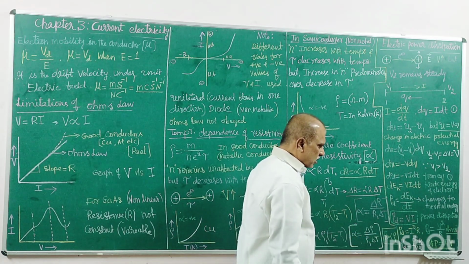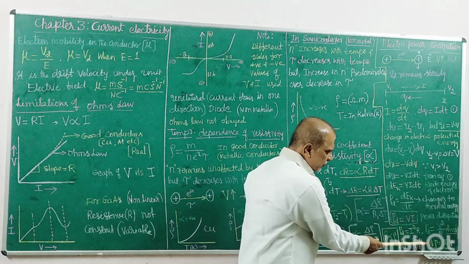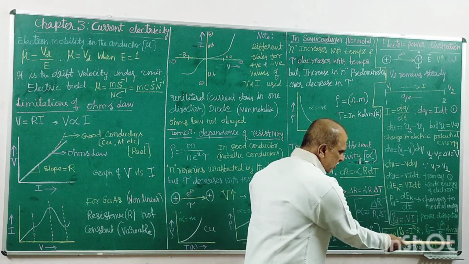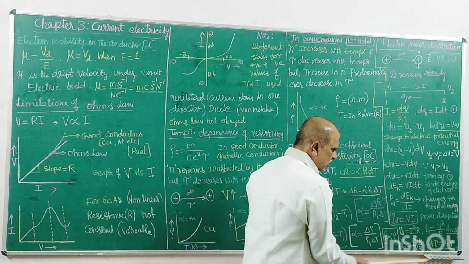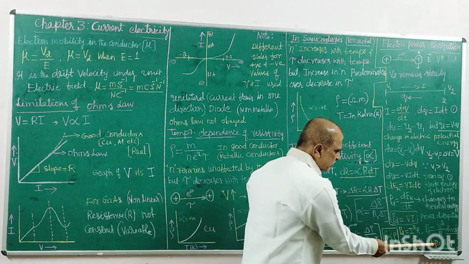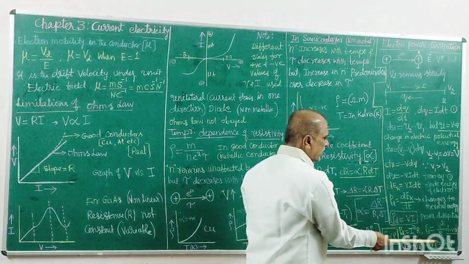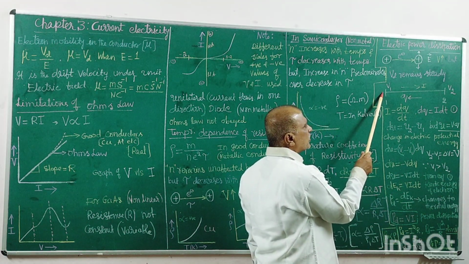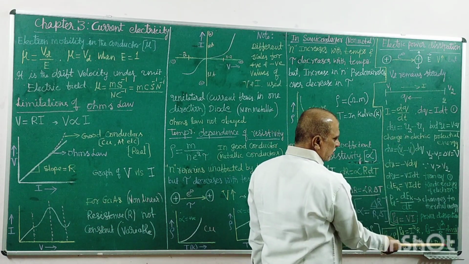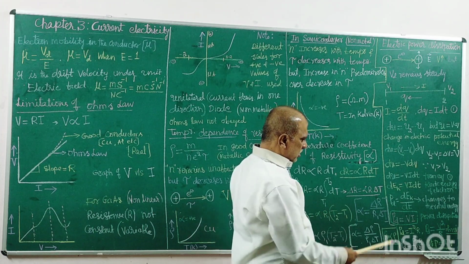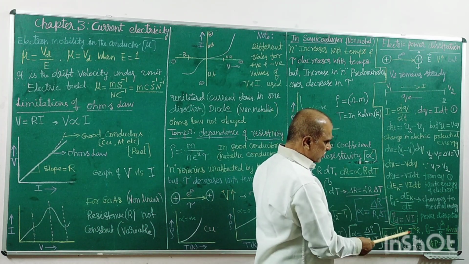Look at this. P is equal to the same equation, VI or I into V. That is power. This is power dissipated. Now this power is generated. Here, what is the P? The total amount of power generated. Electric power is generated, and when you put it across, this is our I into V. And power dissipated is this.